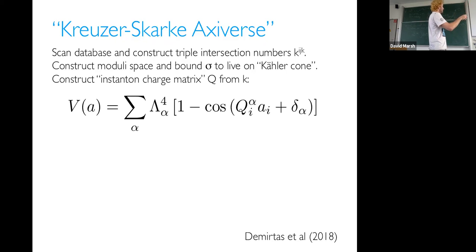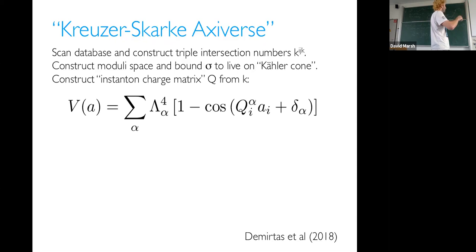They have the full axion potential, not just for these closed string axions, not the QCD axion. They have the full axion potential in terms of its cosines. They're assuming a dilute instanton gas, remember from last time. They know these instanton charge matrices Q from the triple intersection numbers.